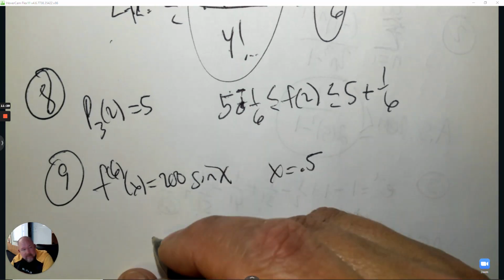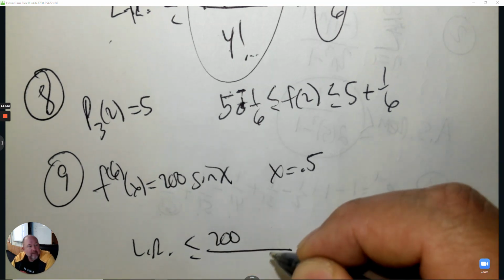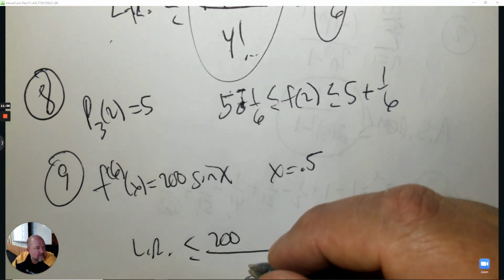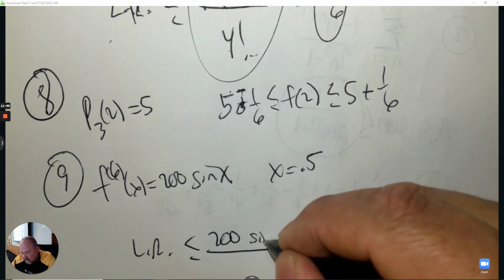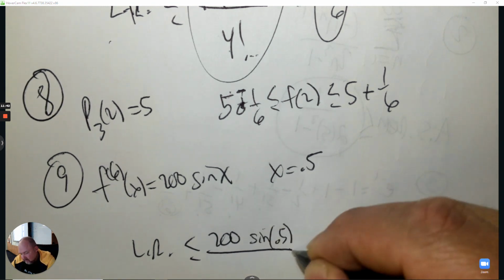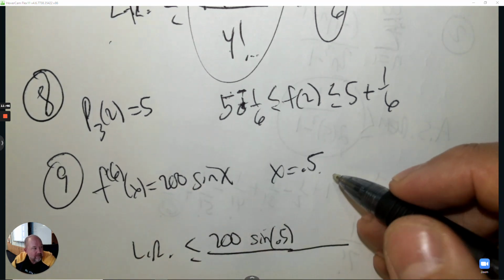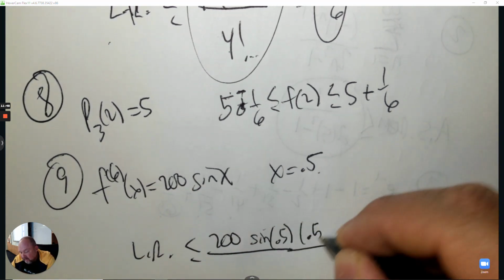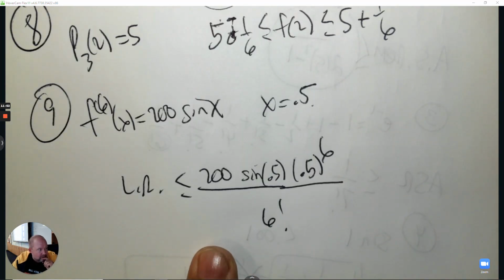So let's start with the 200. And then for sine, we're going to use sine of 0.5. So that's what that is. 200 sine of 0.5. And then we use that sixth term, the next term.